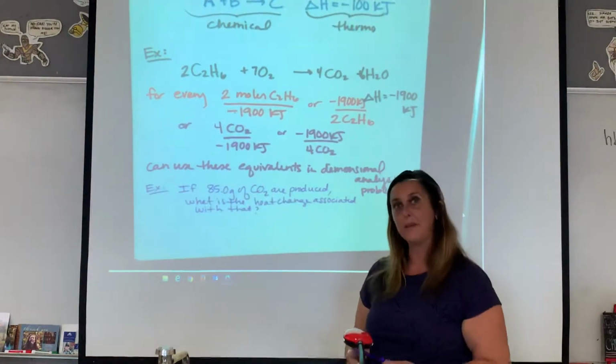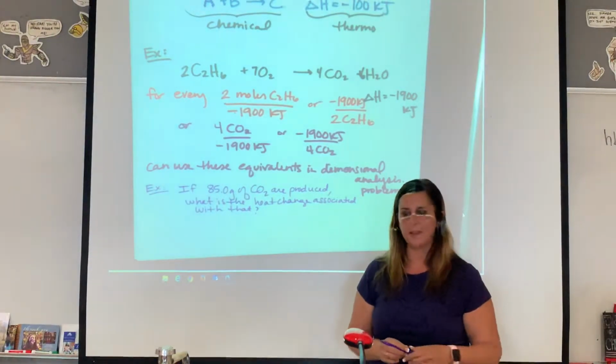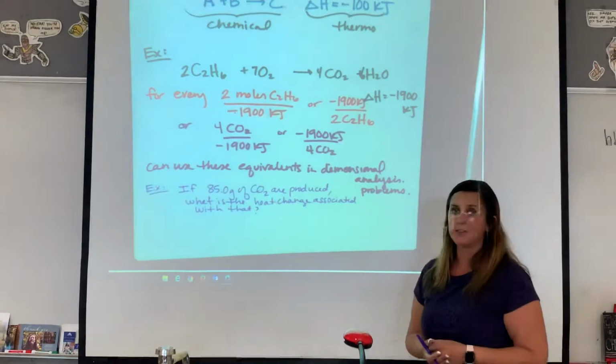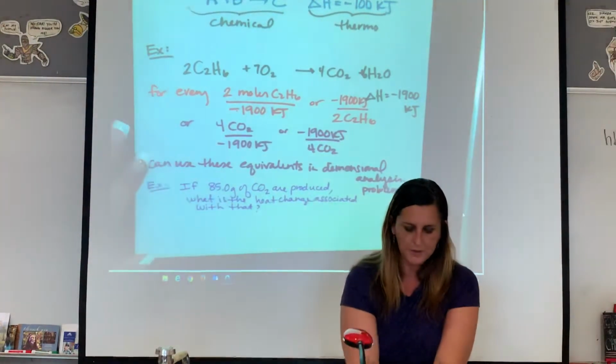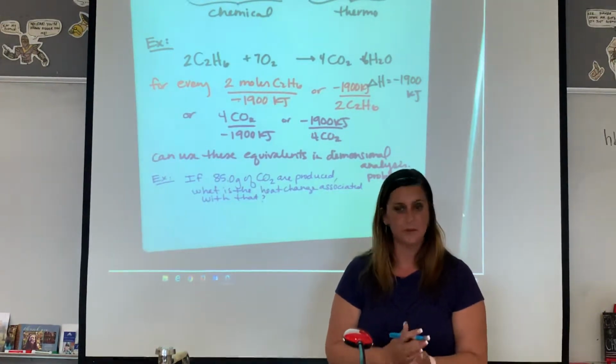Okay, so we have 85 grams of CO2 being produced, and we want to know what's the heat change associated with that. So the first thing we have to do is take a look at the CO2 and notice that it's given to you in grams and you're asked to answer in kilojoules.